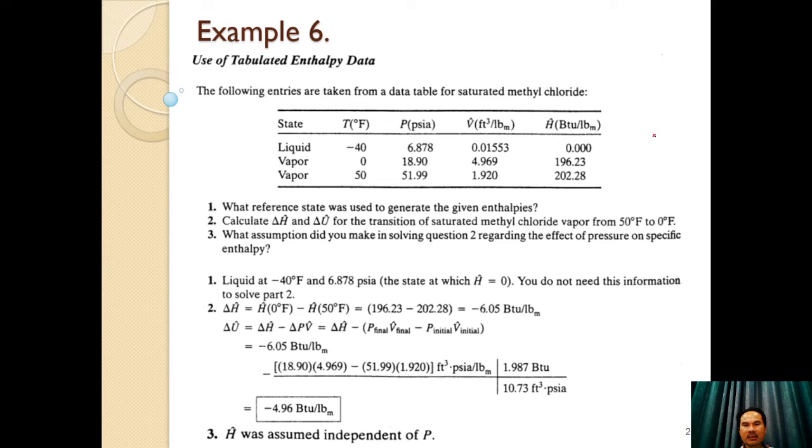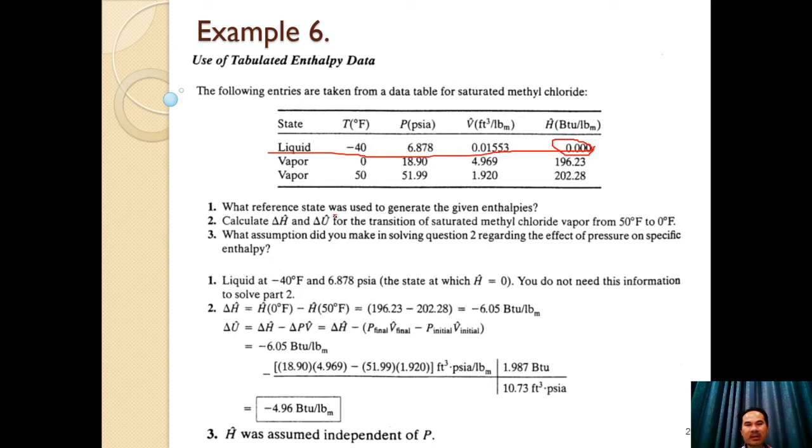For this case, we can see that the reference state should be liquid at minus 40 Fahrenheit because its enthalpy equals 0. And the vapor enthalpy equals 196.2 relative to this reference.